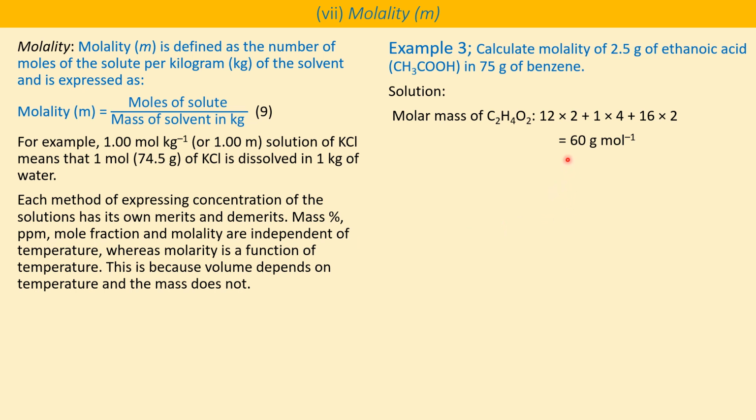Therefore, molar mass of C2H4O2 is 60 grams per mole. Therefore, moles of C2H4O2 equals 2.5 grams divided by 60 grams per mole, that is equal to 0.0417 mole.